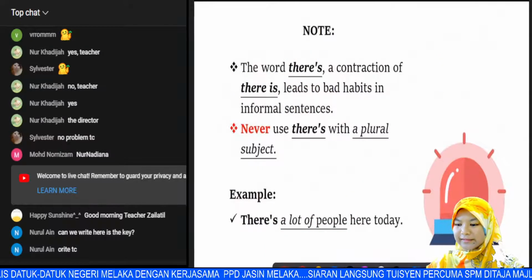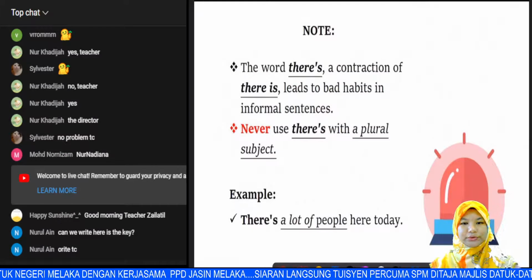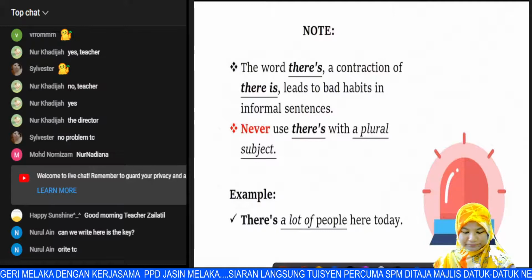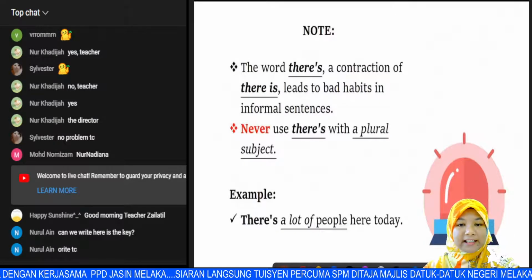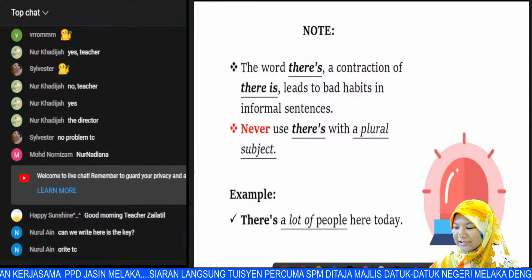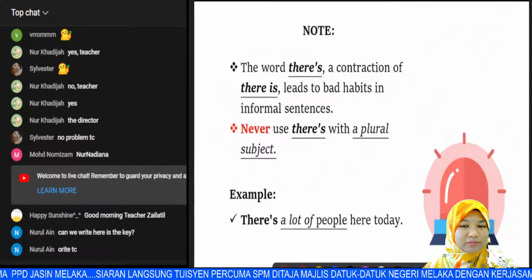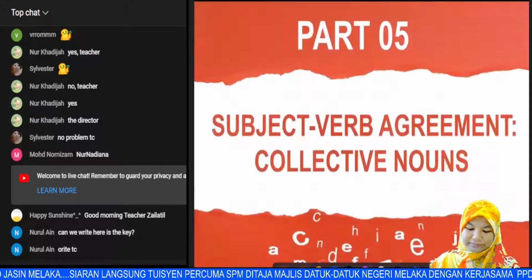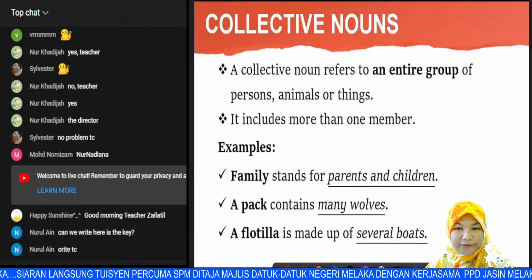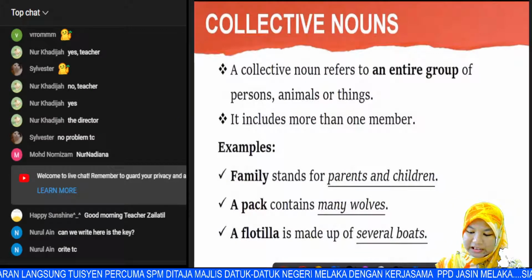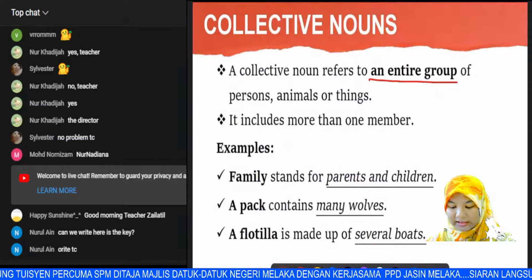All right. Now we are going to part 5. Subject verb agreement, collective noun. Let's see what collective noun means here. Collective noun refers to an entire group of persons, animals or things.